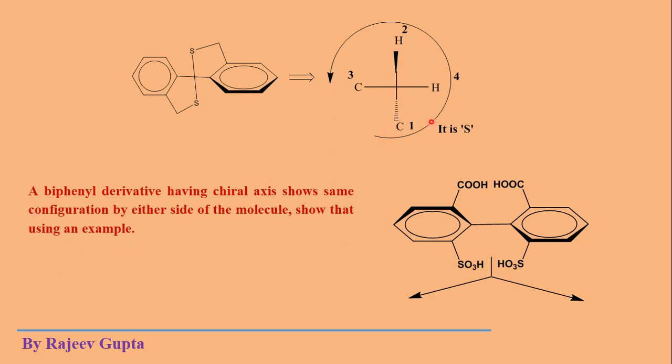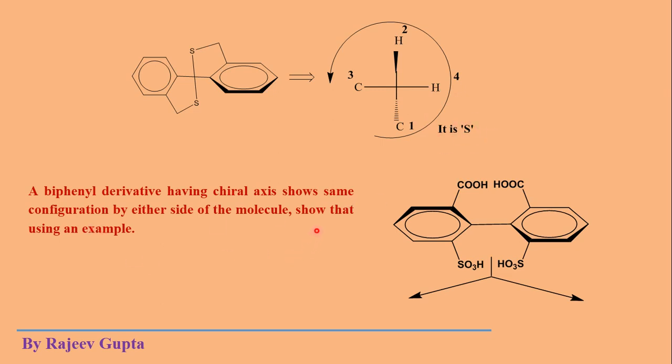If we observe this structure from the back side, or suppose we imagine this horizontal portion as wedge-dash and the wedge-dash portion as horizontal, then we should get the same configuration, because if we see a molecule from either side, the molecule is not changed, the molecule is the same. So from this viewing direction, this R/S should not change.